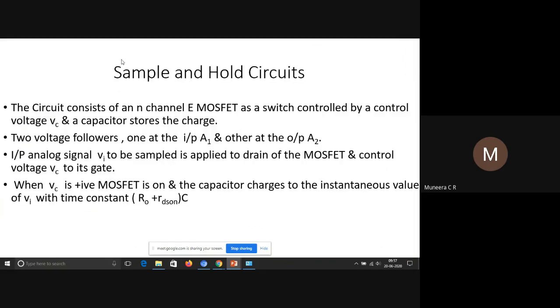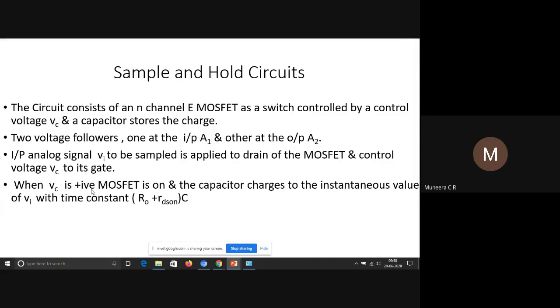So the circuit consists of an N-channel E-MOSFET as a switch controlled by a control voltage, a capacitor that stores the charge, and two voltage followers, one at the input and the other at the output. The input analog signal to be sampled is applied to the drain of the MOSFET and the control voltage to its gate.